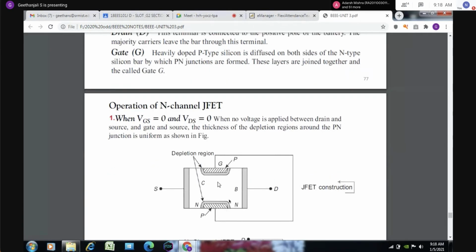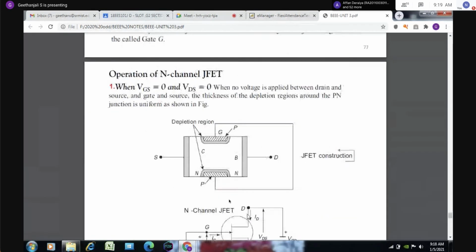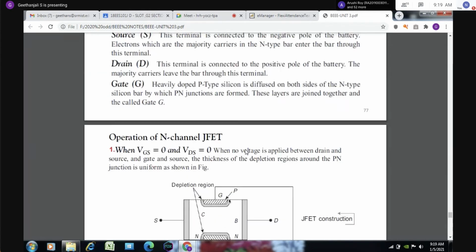Let us see the source. The source is connected at the left-hand side of the bar. The drain is connected at the right-hand side of the bar. This is the N-type bar. This gray color shows that the portion is made using N-type semiconductor material.